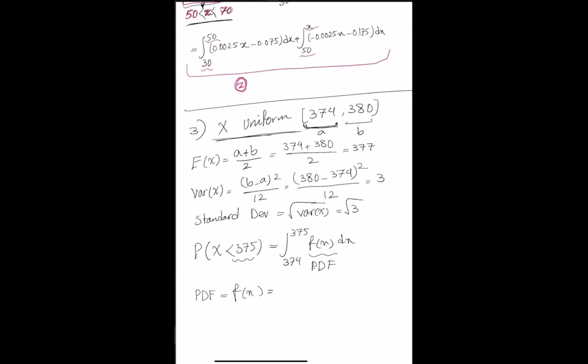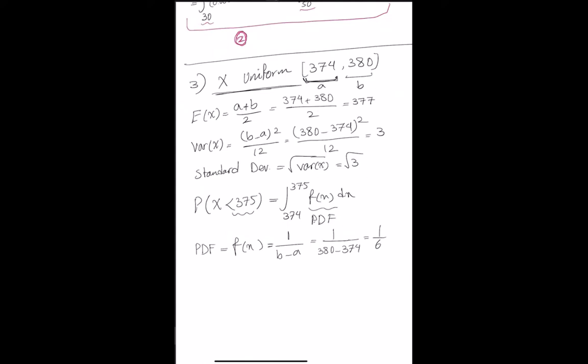How do you write that? You have this in the slides and in the videos and in the quizzes. Like, how do you write that? The formula is 1 over b minus a. So 1 over 380 minus 374. That's 1 over 6.